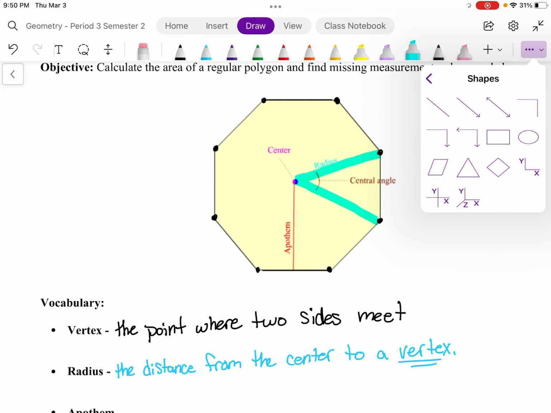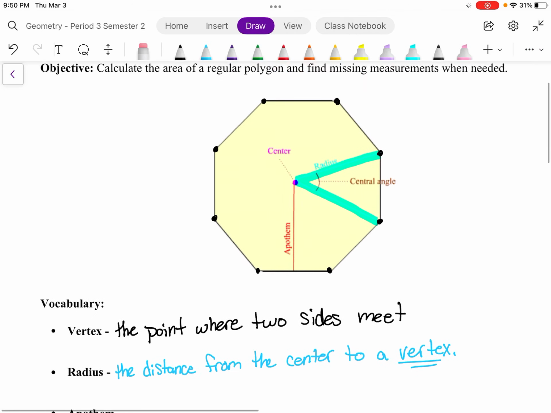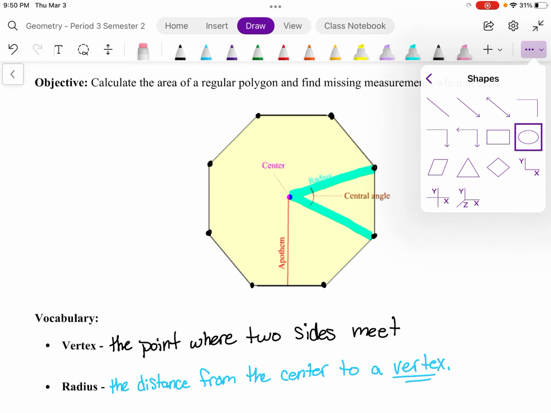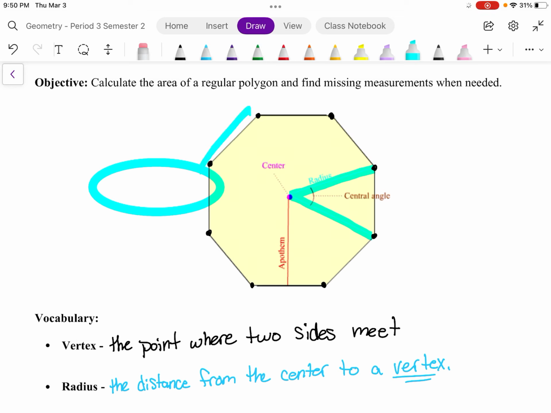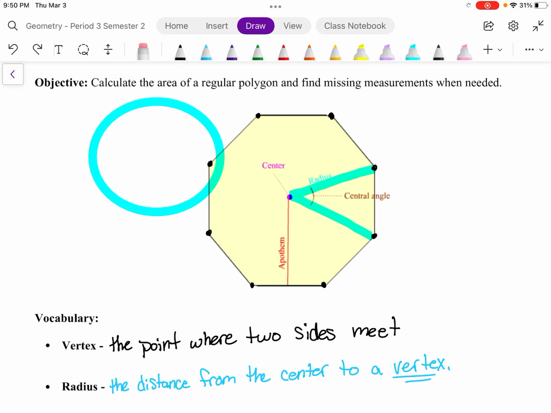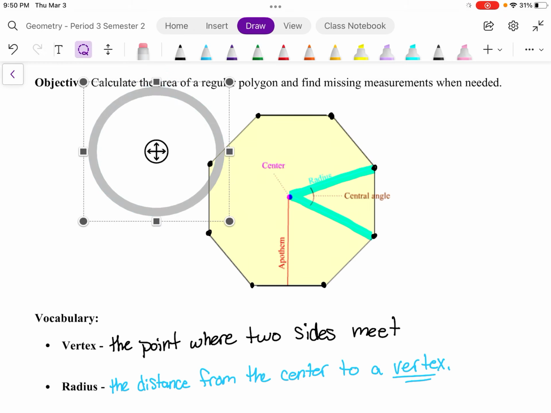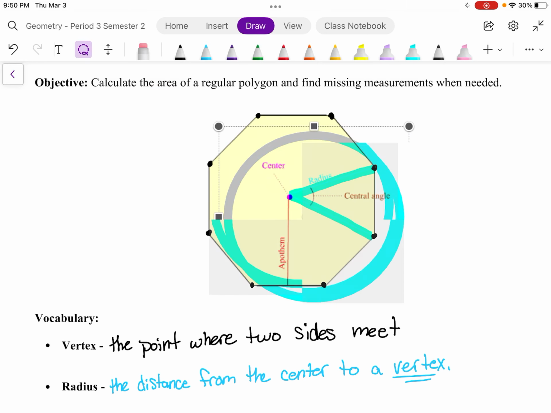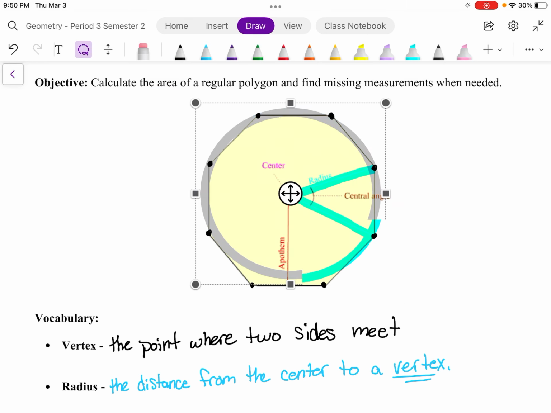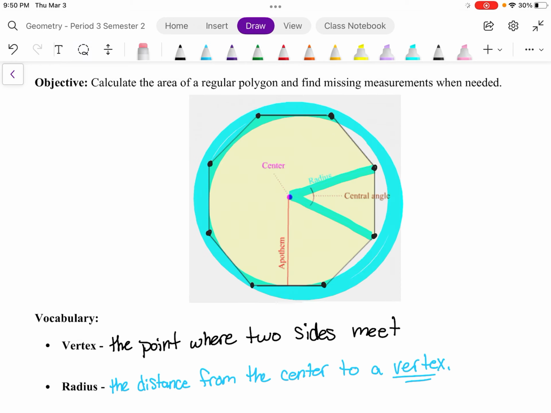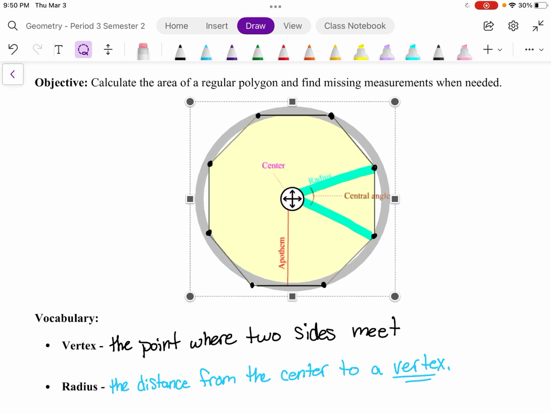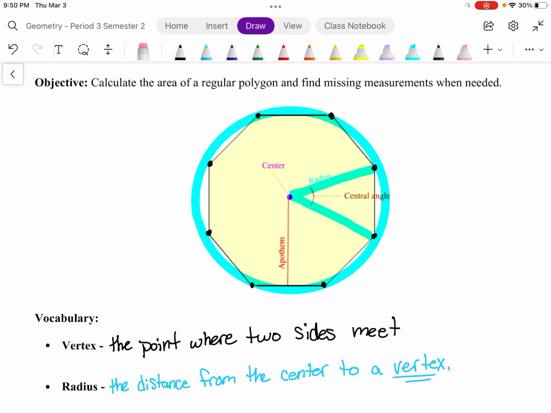Let's see, shapes. Let's try to get one drawn in here. And let's just select that. Put it over our object. And I know this isn't a perfect circle because it's from an oval shape.